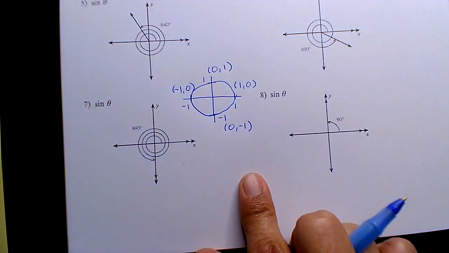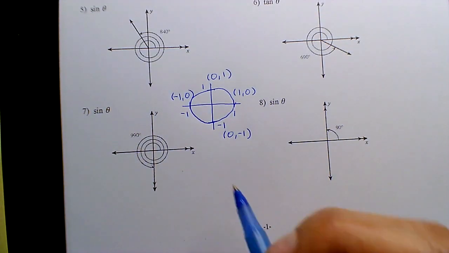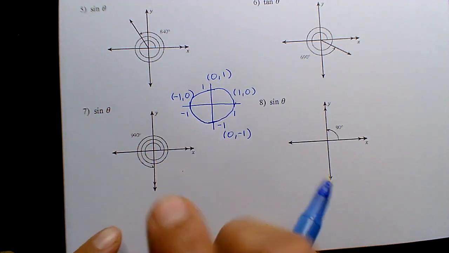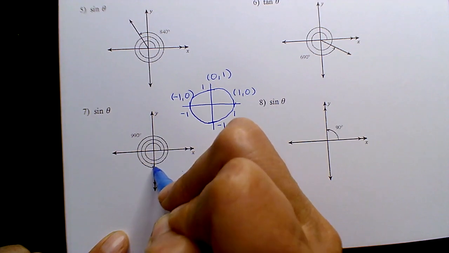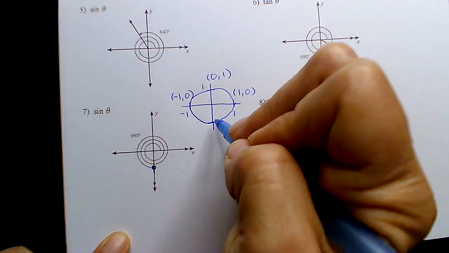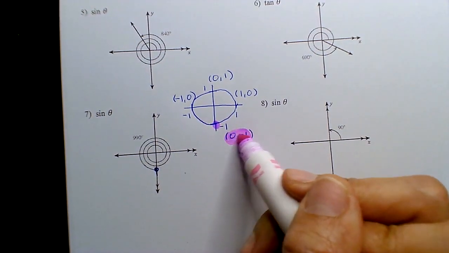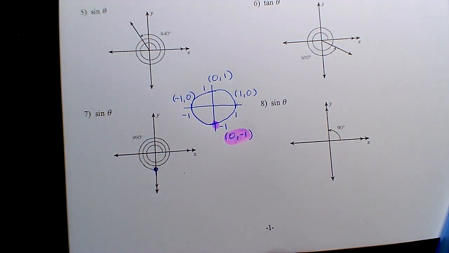So if I'm here and I spin around, and you look like you're on 3 revolutions, it's stopping here on this quadrantal angle.